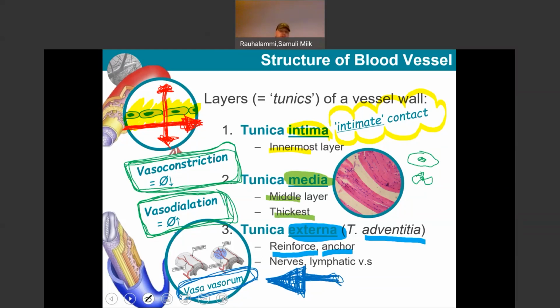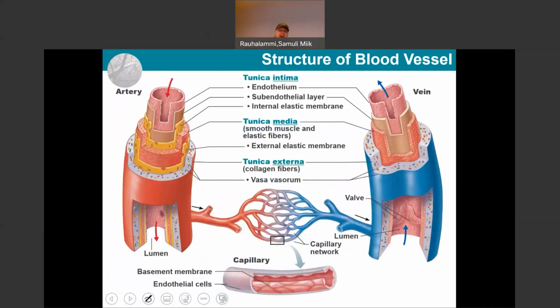Now that we've reviewed the general structure of these blood vessels, I think it's useful to look at this diagram where we have a general artery and a general vein, and we even have capillaries here.